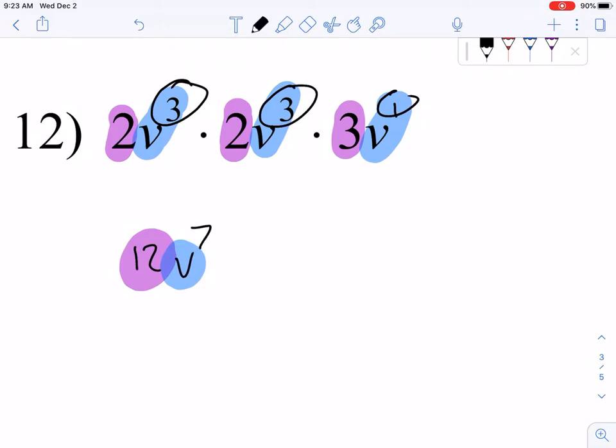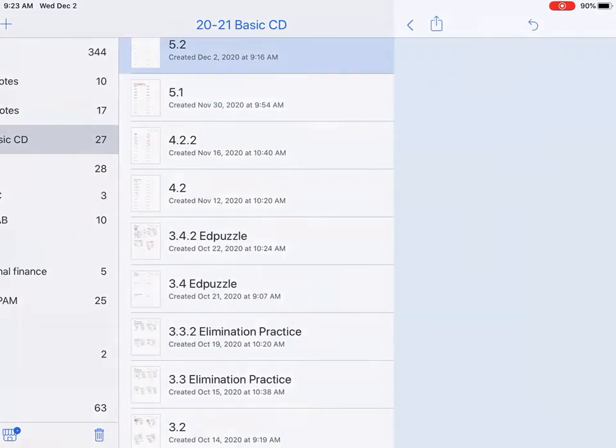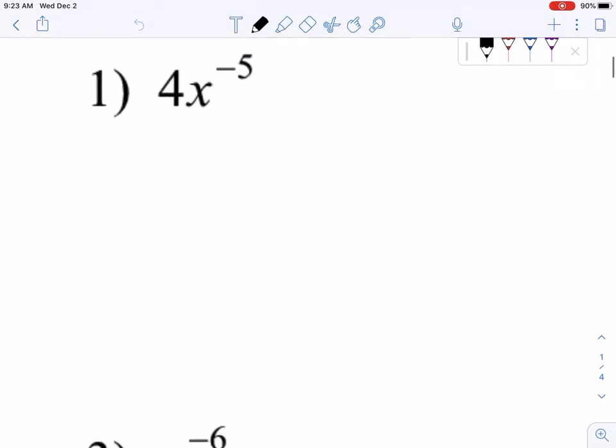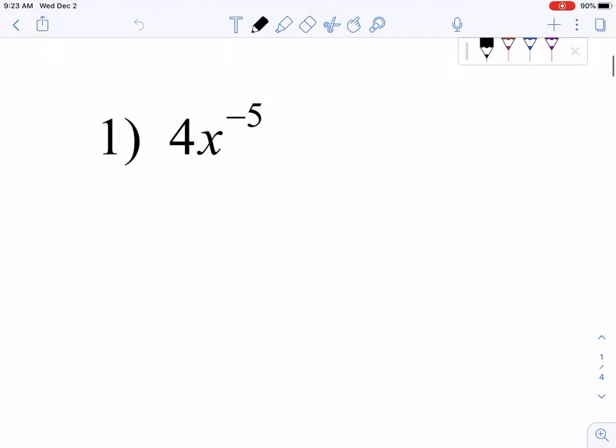Okay. In 5.2, we are learning a rule for negative exponents. So what happens if we have a negative exponent? Well, a negative exponent means the variable is in the wrong place. These are going to be extremely simple.